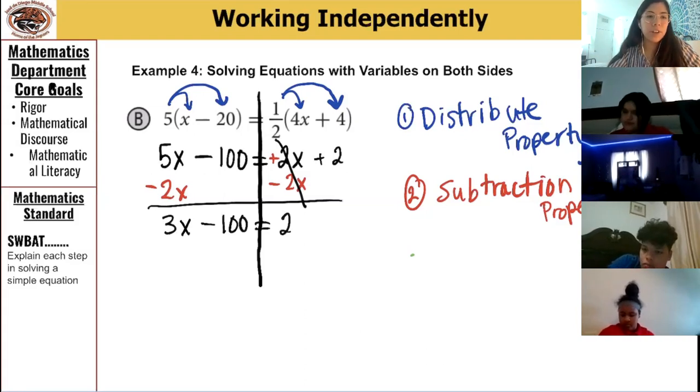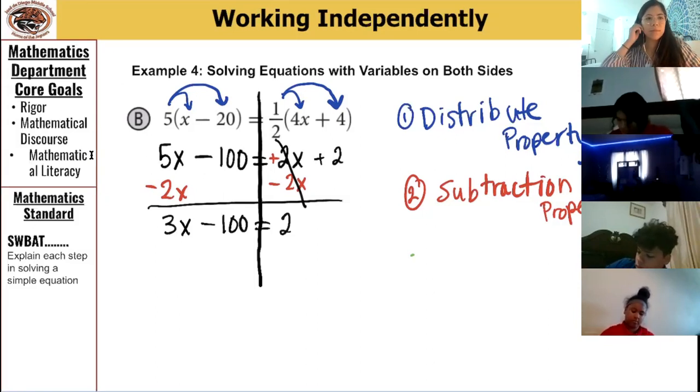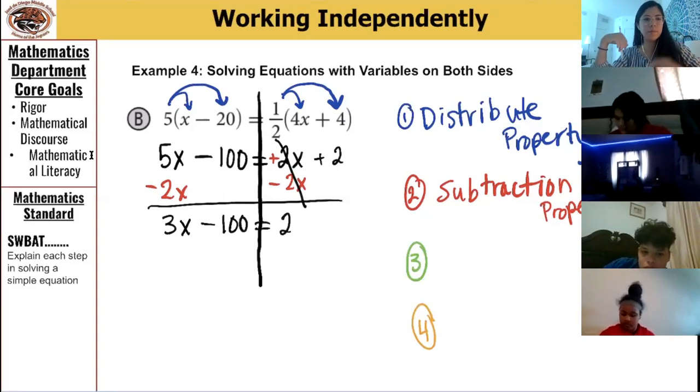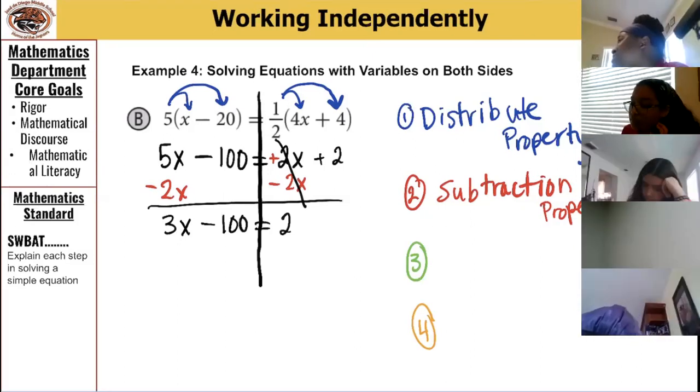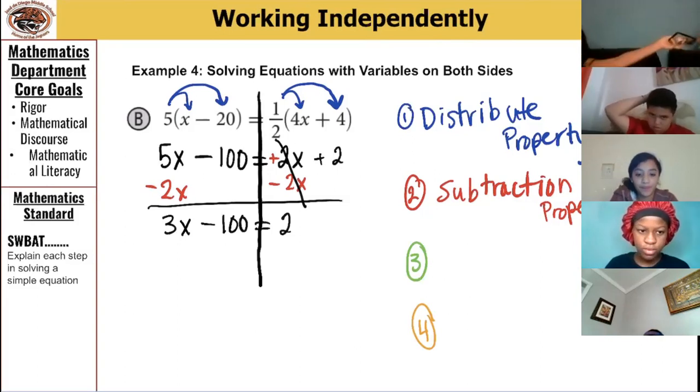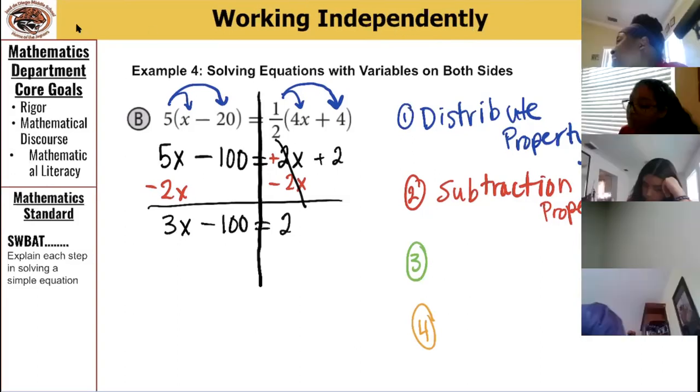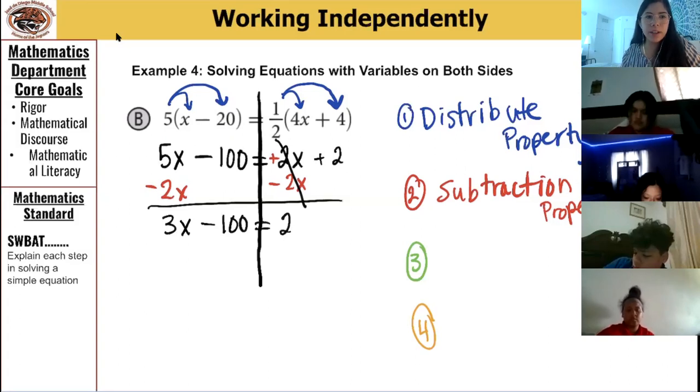If you guys are getting a fraction, see if you can simplify it. All right, few seconds left.